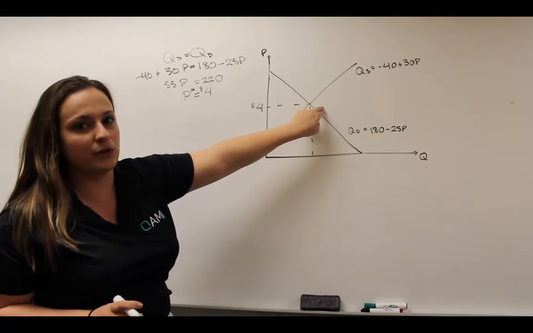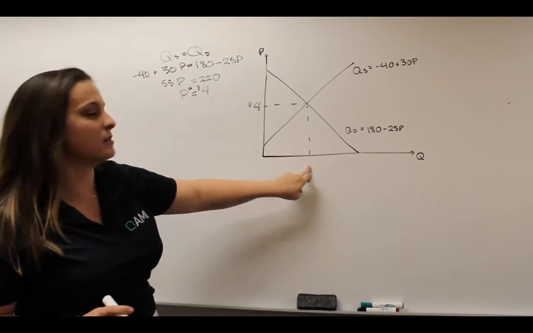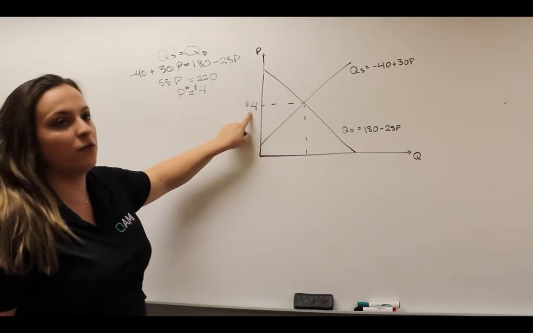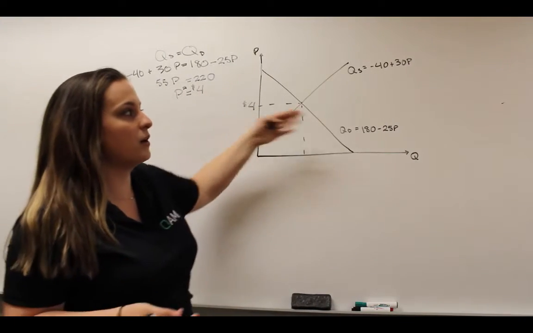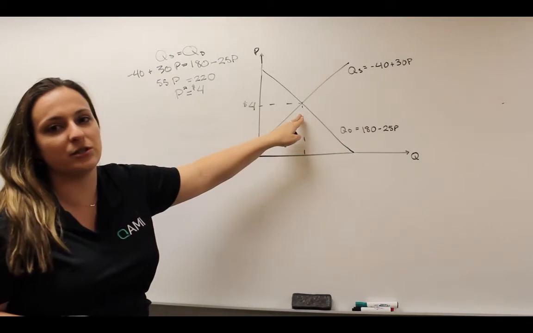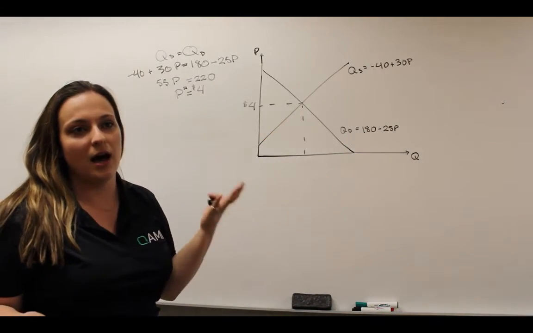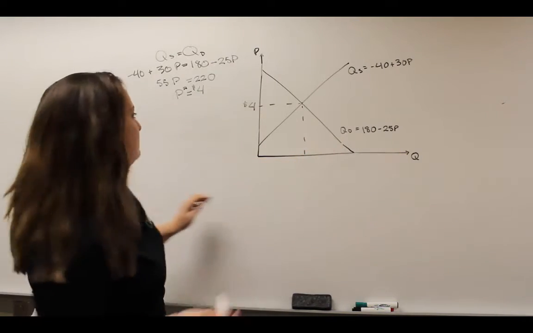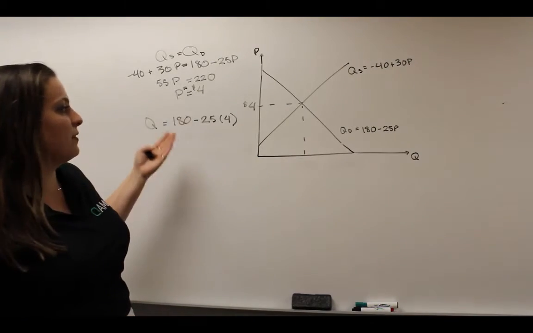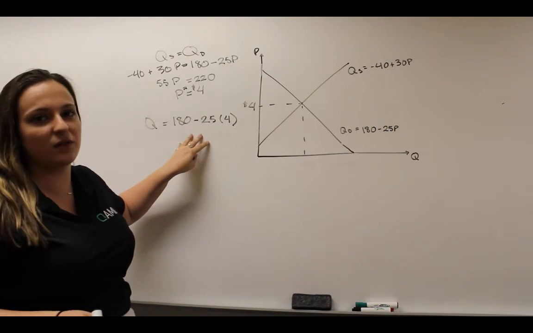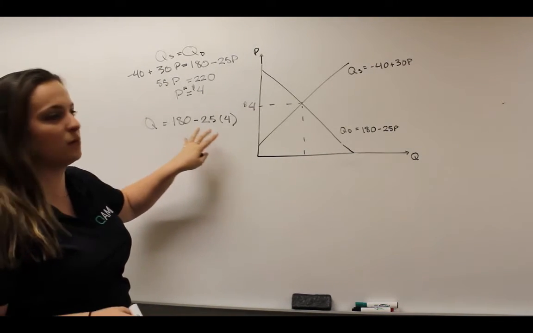So now we're going to solve for what that quantity is. The way that we would do that is to just substitute $4 into either quantity supplied or quantity demanded, because since they have been set equal to each other, it'll give us the same quantity no matter what. So let's do quantity demanded. This is a pretty easy equation to solve because it's all on one side already.